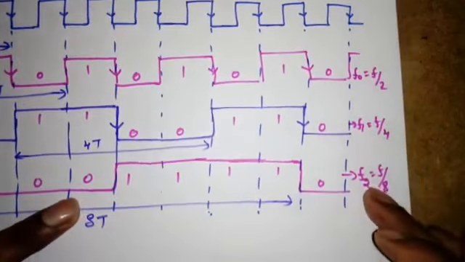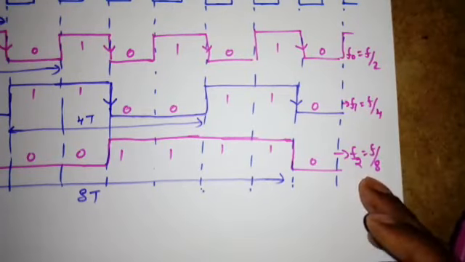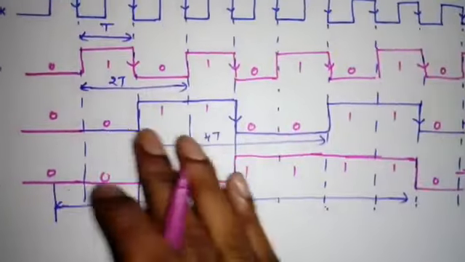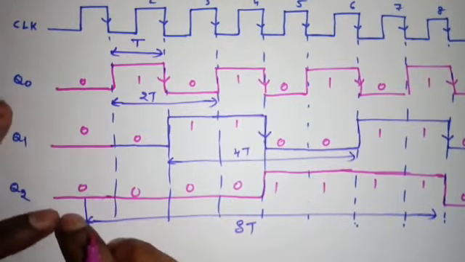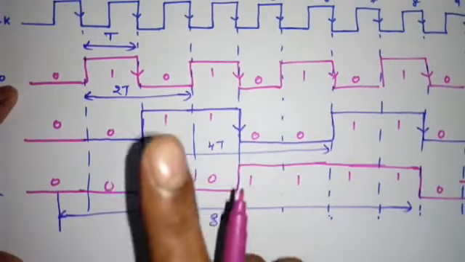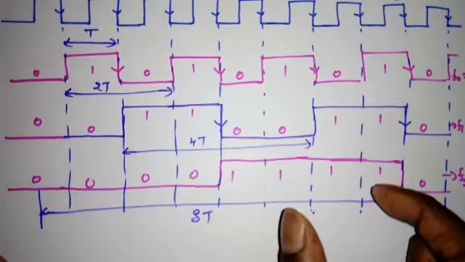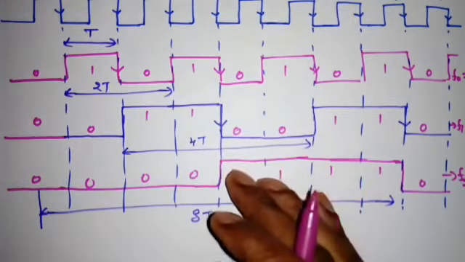So what frequency division is happening? When we take output from Q2, we get frequency division by 8. Now you can easily think, suppose this is the second pulse, this is the minute pulse, this is the hour pulse. It will respond only one time for 8 clock pulses. So now we can think how to design this watch, or clock.